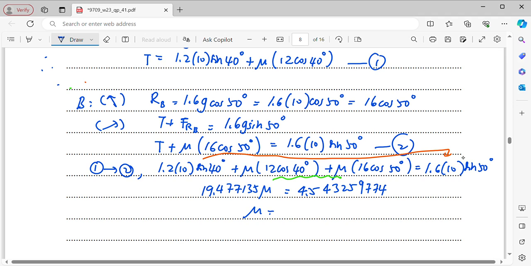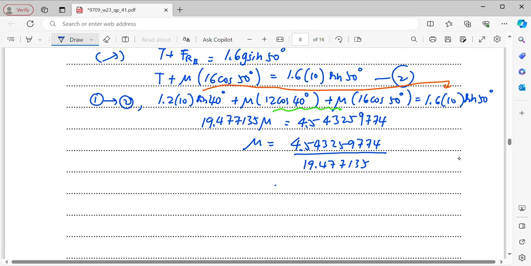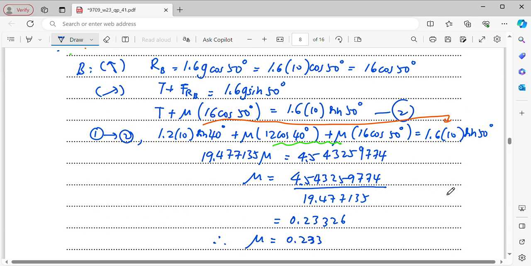Then your mu is the division of these two numbers. You will get a value between 0 and 1, which is 0.23326. Now round the answer correct to 3 significant figures. That will be 0.233. Okay, so that's all for the working of this question.